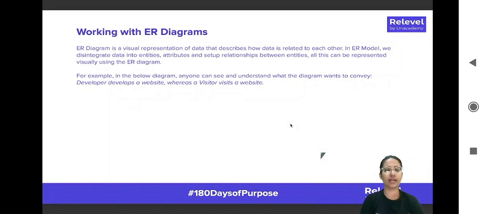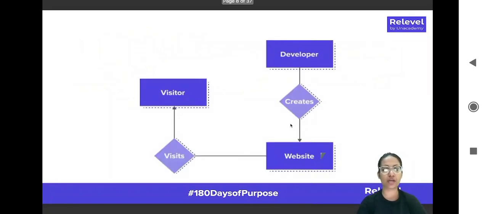For example, in the above diagram, you can see over here that if you want to convey that a developer develops a website, whereas a visitor visits a website, okay? Look over here. What kind of relationship are we trying to display? That developer creates website and visitor visits website.